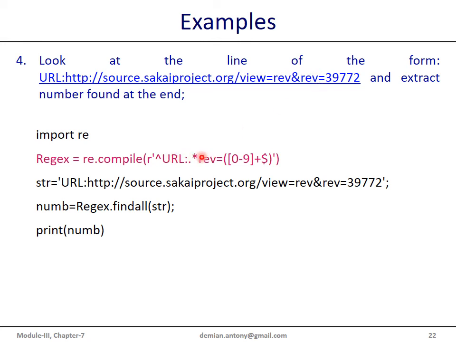With this dot star we can match up to here, then mandatory REV equal, then we need to extract this number, 0 to 9 digits, one or more occurrences, and we have to see to it that this number is found at the end and no more characters after this number.